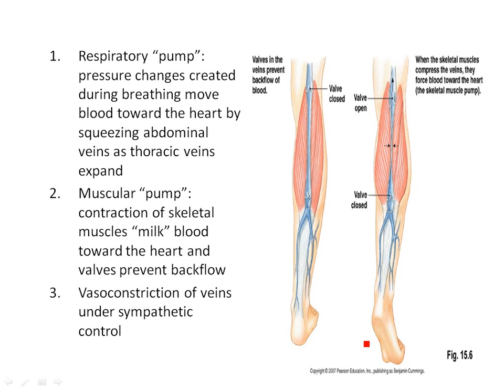The second mechanism is the muscular pump. Now remember, as you see here in this diagram, you have muscles surrounding these vessels, and these vessels that you're seeing here, of course, are veins. And this works similar to the way a tube of toothpaste works. If you squeeze that tube of toothpaste, then the toothpaste is going to move in one direction or the other, or both. So that allows that blood to be pushed along those vessels.